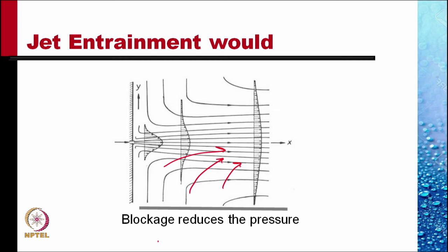The air is not moving upwards because of the reduction of pressure, but because of viscous action. The blockage does not let this air move in from below, and so there is a reduction in pressure because of blockage and the viscous action combined together. So these are viscosity driven flows. A Bernoulli equation would not really apply.